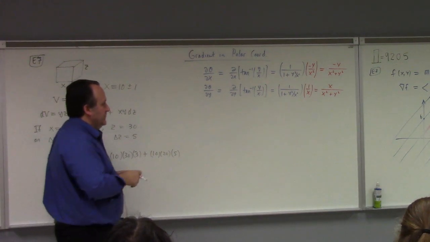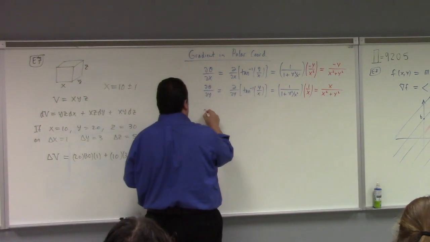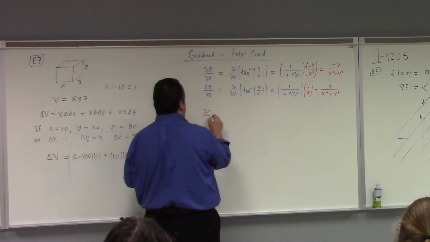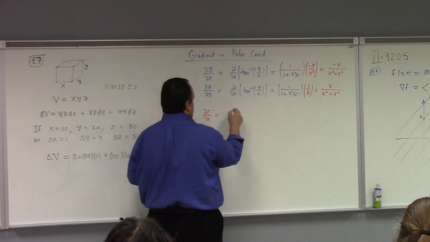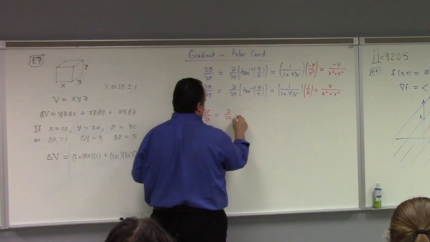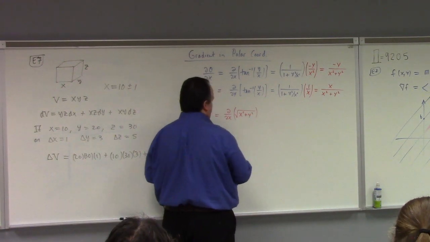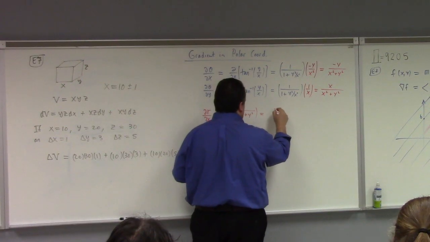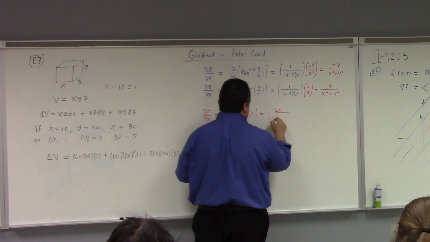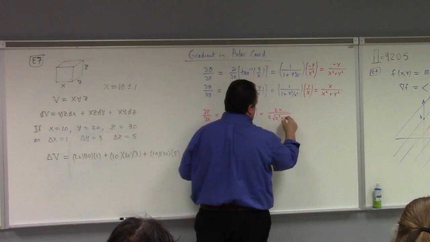What we also will need in just a second here, so I'm just going to do the calculus while we're at it. What's partial r partial x equal to? We get what? We get 2x, right? Over twice the square root of x squared plus y squared, do we not?